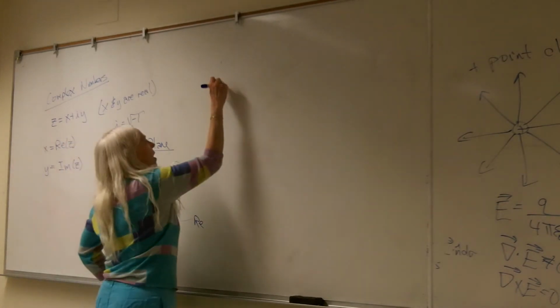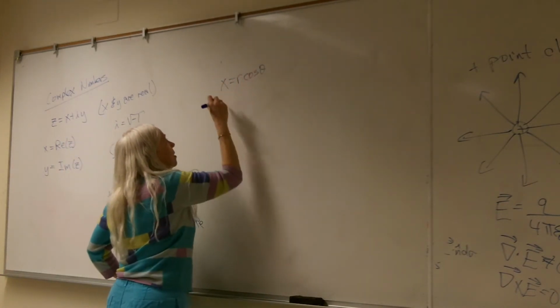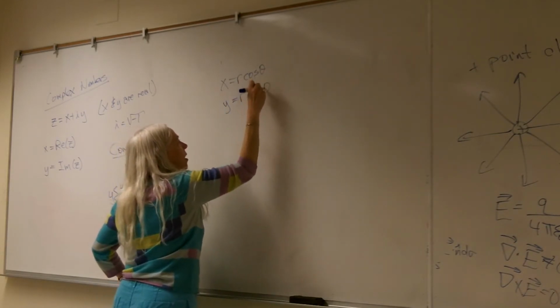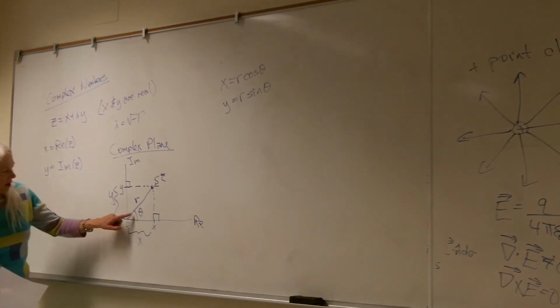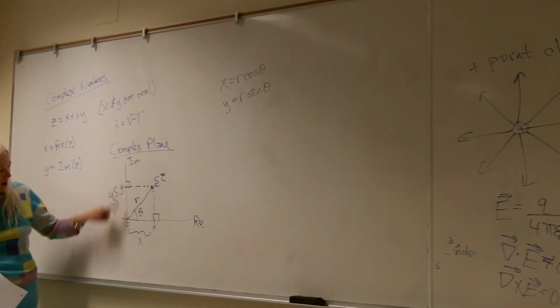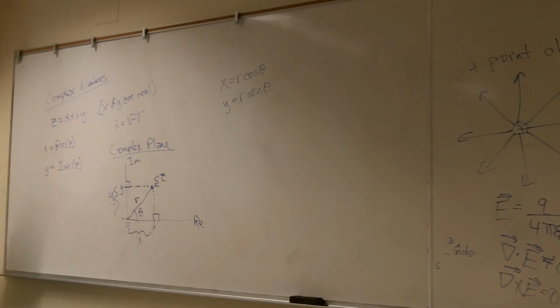In other words, x is equal to r cosine theta. And similarly, y is equal to r sine theta. Okay? Sine theta would be the opposite side, which is the same as the y right there, divided by the hypotenuse r, and then you just rearrange that to get this equation.